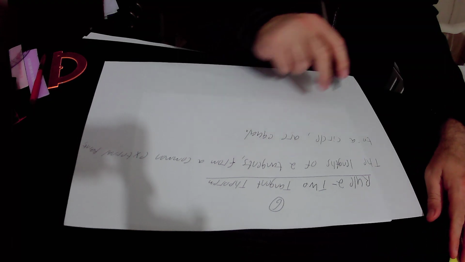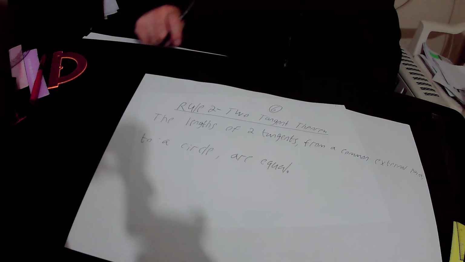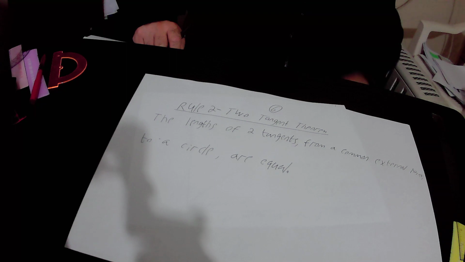I repeat again on rule number 2. According to rule number 2, the lengths of two tangents from a common external point to a circle are equal.